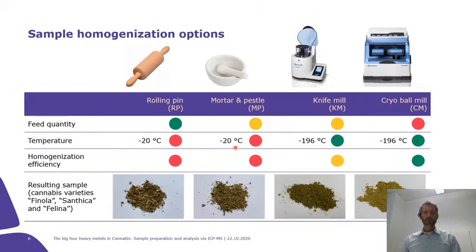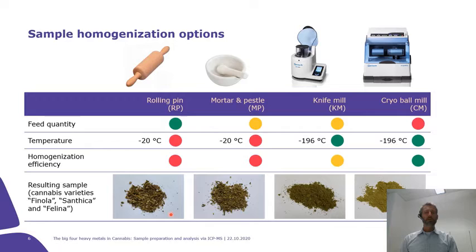The efficiency of these different methods is strongly different. It's not very good for rolling pin and mortar and pestle approach, and becomes better when going to the right-hand side of this table. Best would be the cryo ball mill, and down below you can see sample images that result after a milling process of about 5 minutes. Rolling pin and the mortar and pestle, it's quite inhomogeneous when you look at the images.